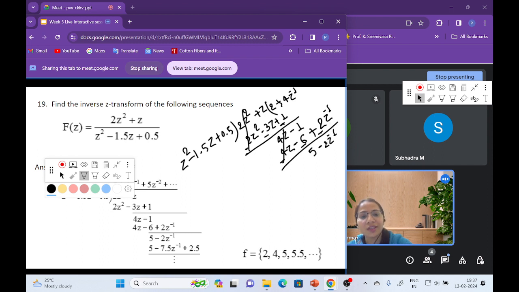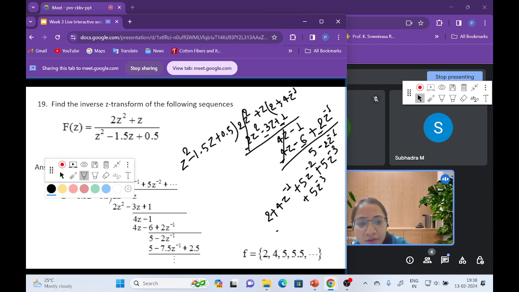If we continuously divide and multiply like this, the sequence comes out as 2 plus 4 z inverse plus 5 z to the power minus 2 plus 5 z to the power minus 3 and so on.